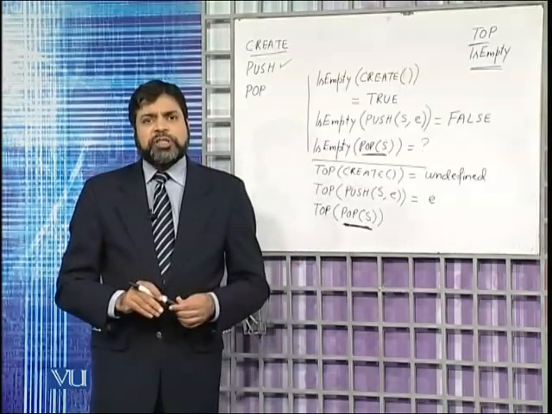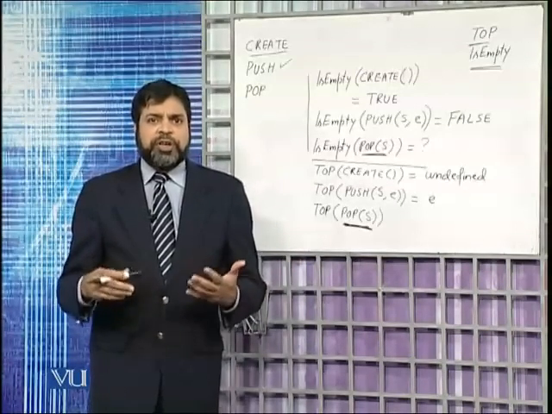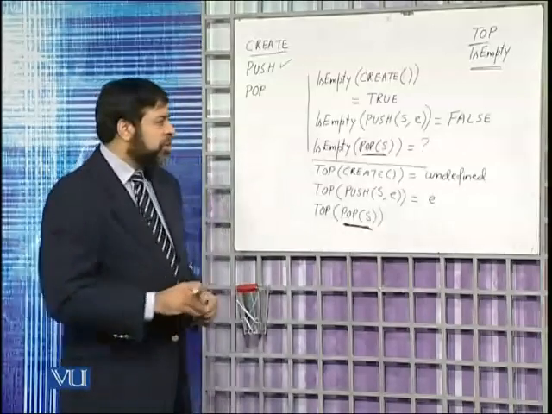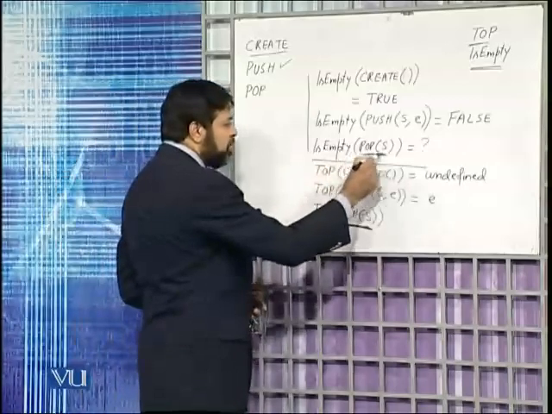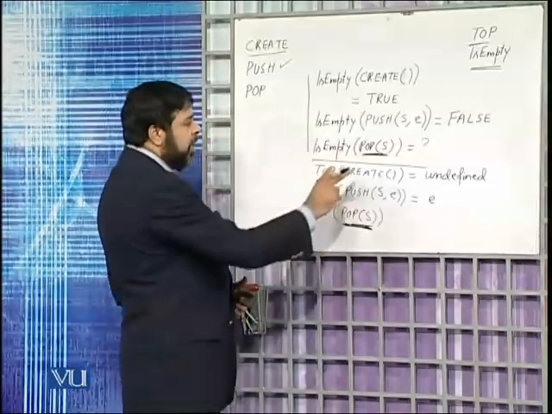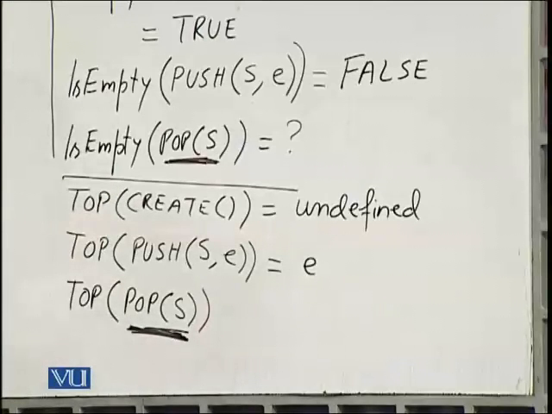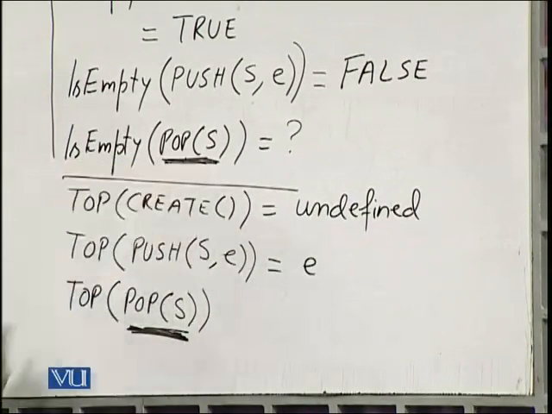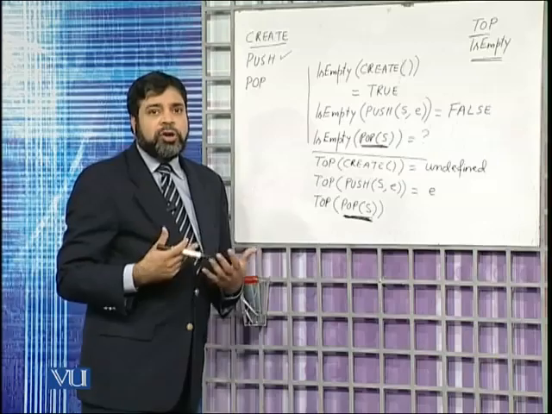So what we do is, when we are stuck, when we cannot find an answer, we take this pop, the operation for which we cannot find the answer, and we try to write axioms for that operation in terms of other operations.